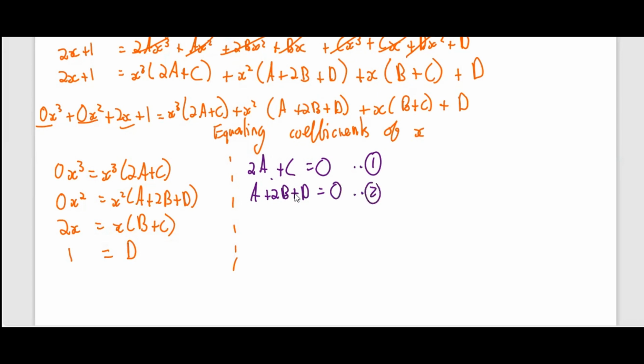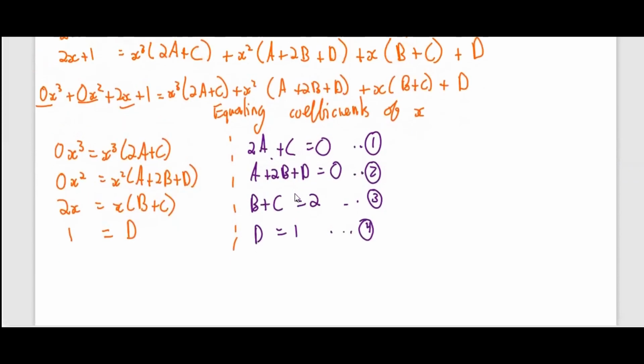For this one, b plus c will equal 2 after you cancel the x. And the last one, d is equal to 1. So now what we could do is plug d into the equations on top and solve.